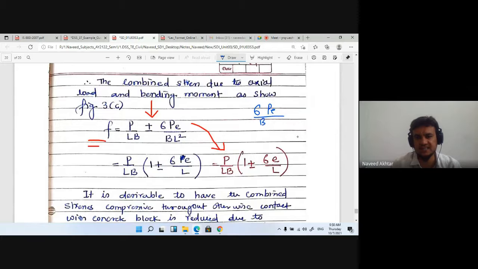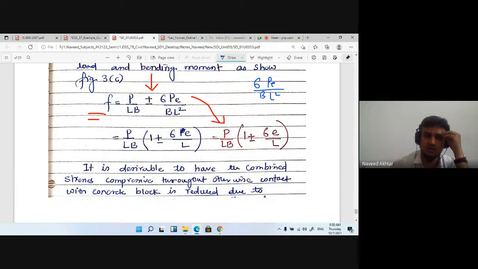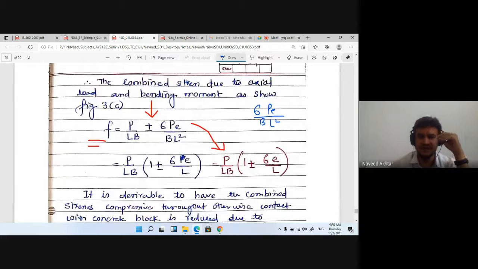If you take the longer side, another side you see, then it is LB square. Okay. So if you write down the combined effect, this will be plus minus the combined stress due to axial load and bending moment as shown in figure number 3. So it may be plus or minus 6PE by BL square.